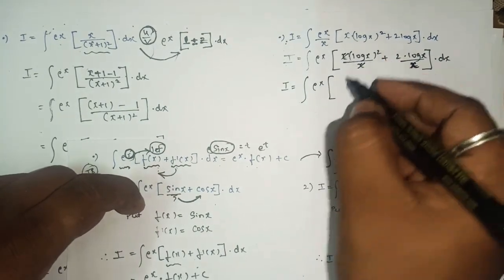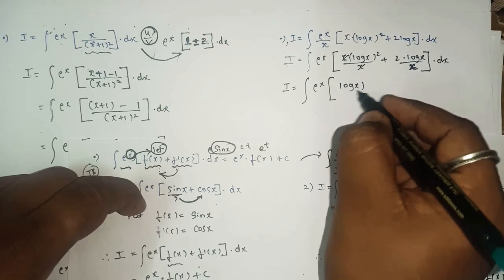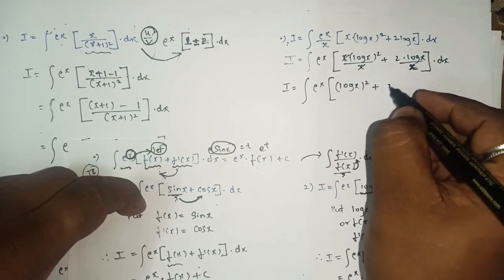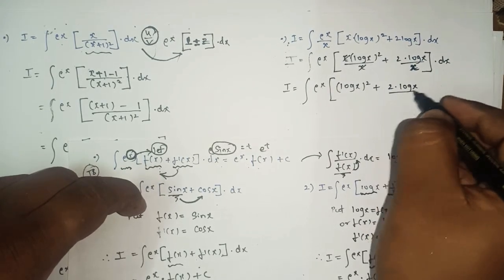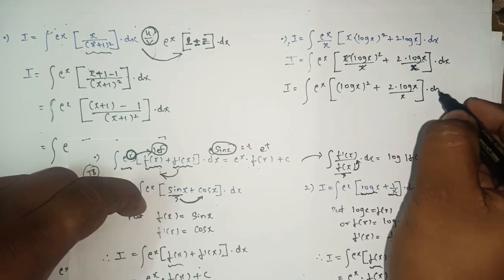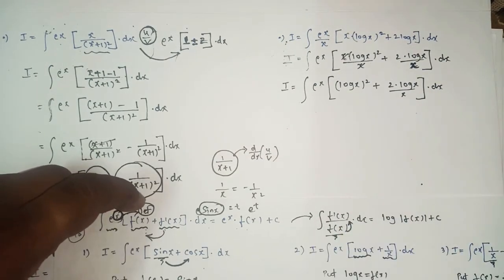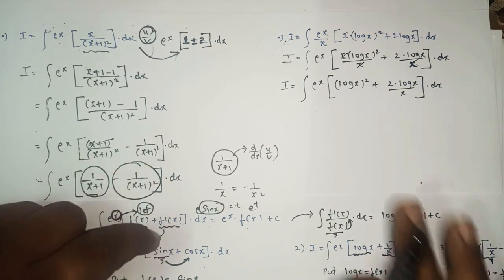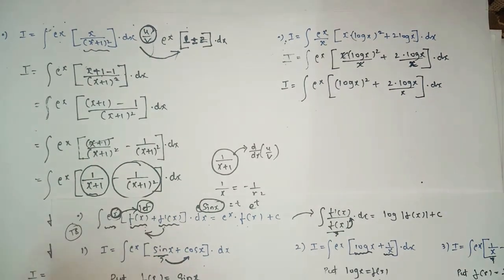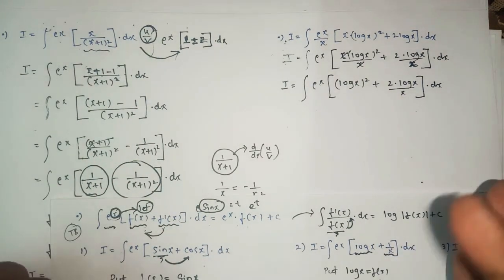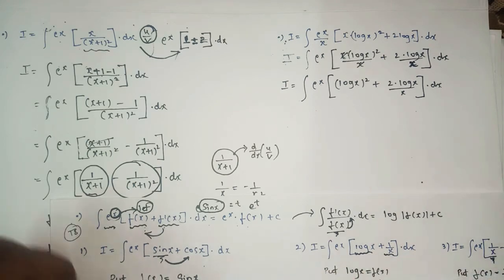Okay, so the next step, your x will get cancelled, so you will be left with log x the whole square plus 2 into log x upon x. Here there is a little confusion, so now we have to guess which part to consider as f of x and which part as f dash x.